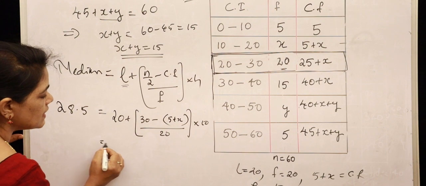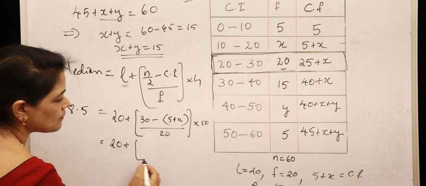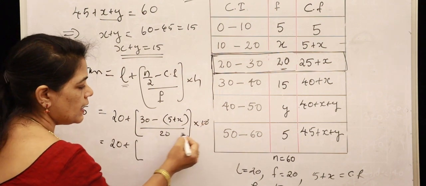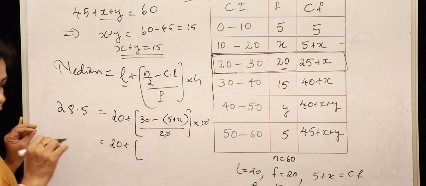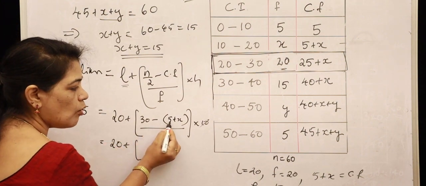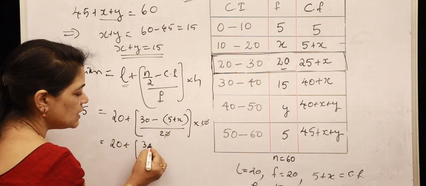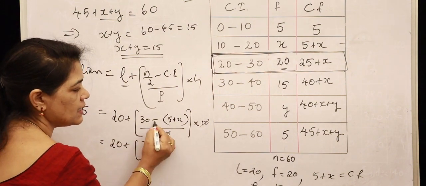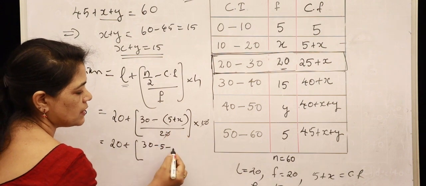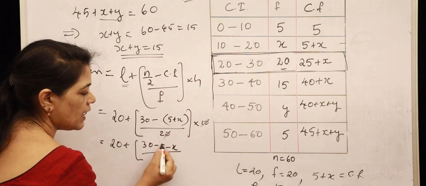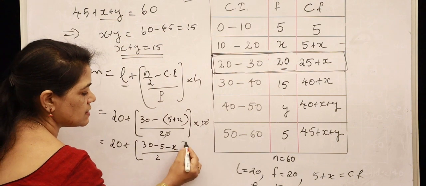Okay, and in the next step, 20 plus, 0 and 0 get cancelled, so divided by 2, and we can open this bracket by multiplying each term with minus. So 30 minus 5 minus X, minus into plus is minus, divided by 2, 0 get cancelled.